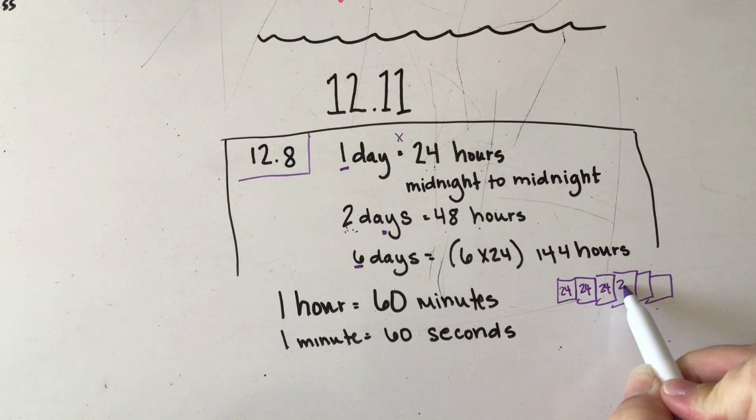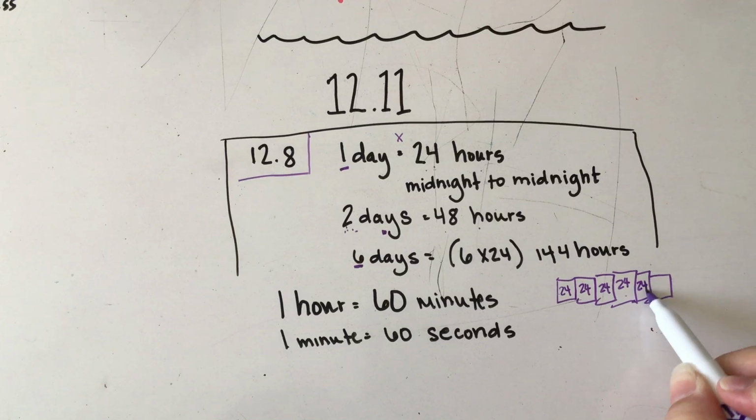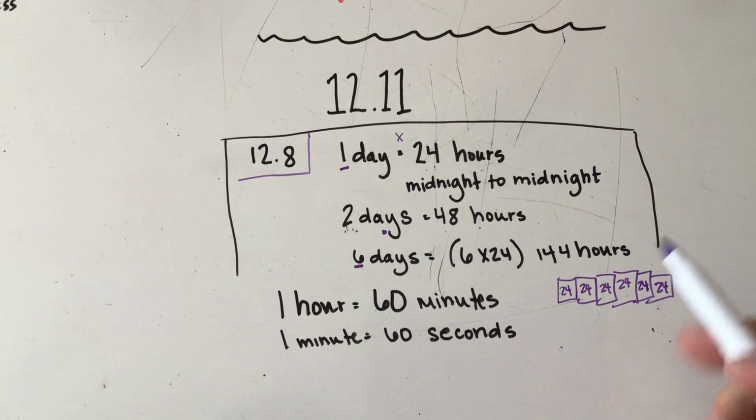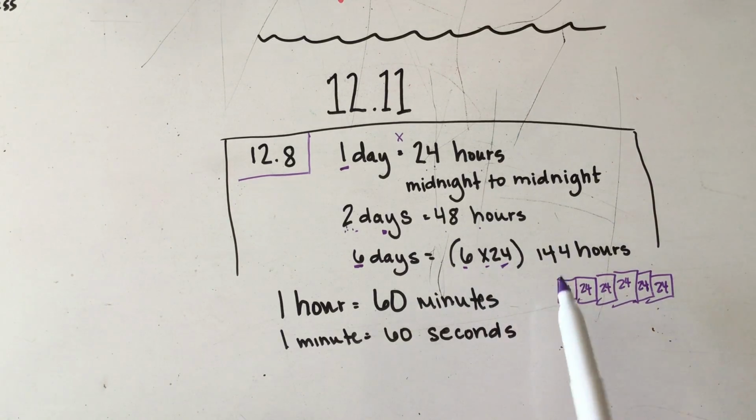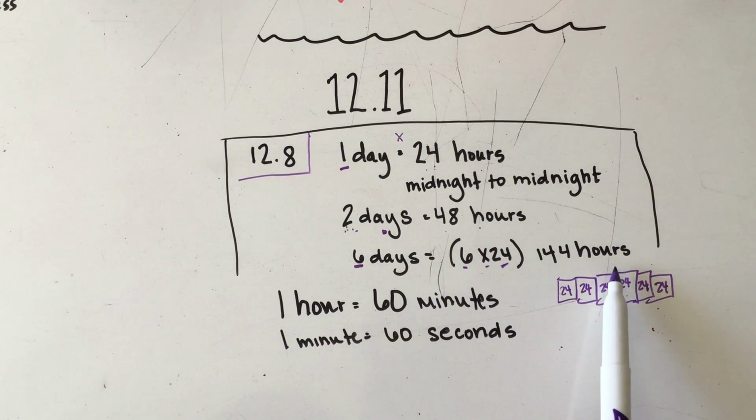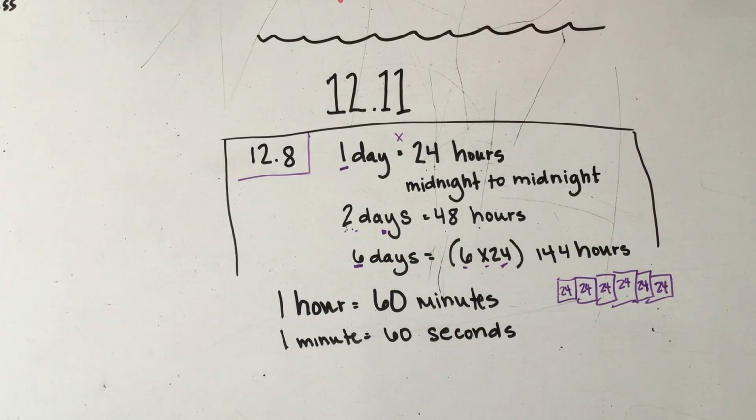So we can add up 24 6 times, or we can just do our 6 times 24 hours and get 144 hours in 6 days. Okay, so if you can just remember that one day has 24 hours, then that's going to be really helpful to you.